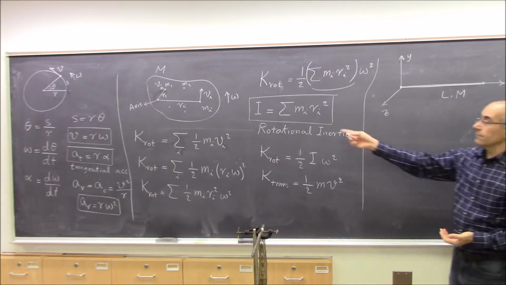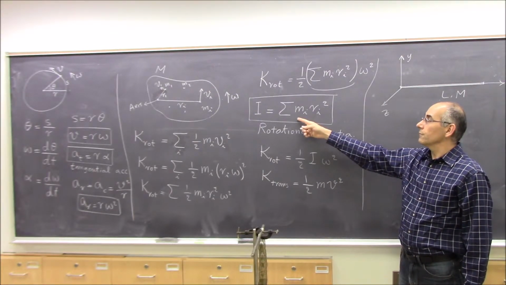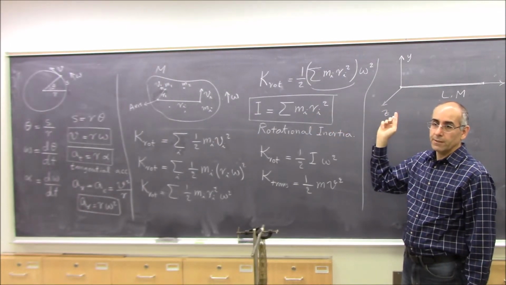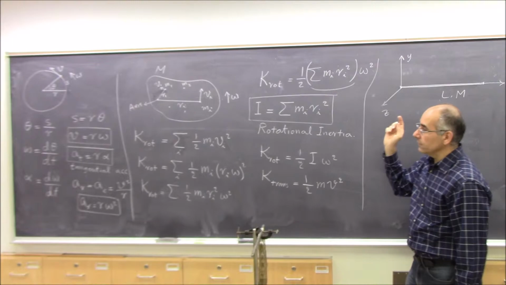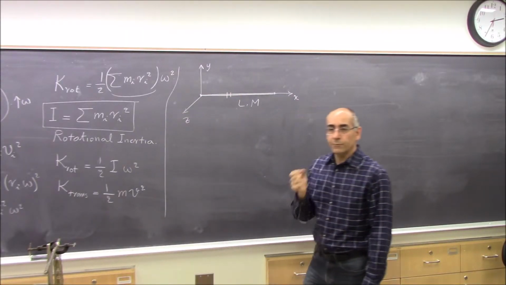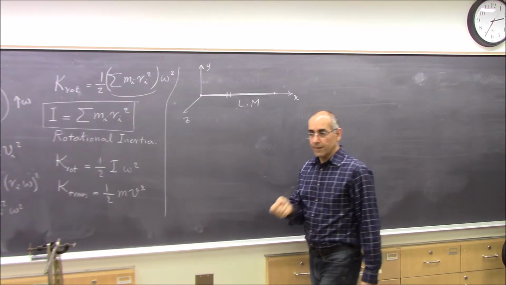How do I do that? If I had a number of particles, I would use I equal to the sum of mi times ri squared. But I don't have individual particles. So what I do is divide it into small pieces, each small enough that it acts like a particle, right?